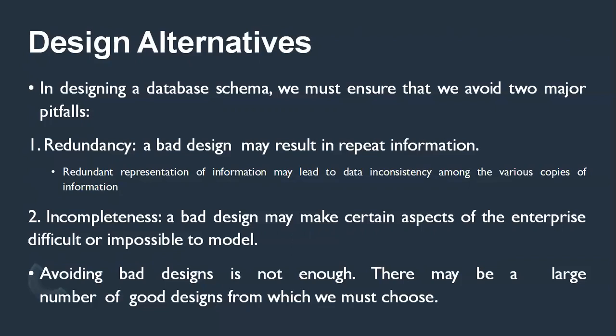And incompleteness means a bad design may make certain aspects of the enterprise difficult or impossible to model. Sometimes some of the information cannot be stored in the database. That comes under incompleteness, where the proper design is not made because of which data is incomplete. Example, whatever we have seen is, if only links are provided to the students, students will definitely click on that link and will try to guess what exactly that point is.